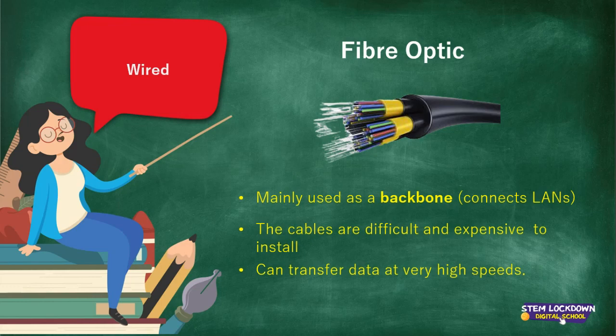This cable runs all the way from Ethiopia, Tanzania, Mozambique, right down to Durban there. It is actually laid in the Indian Ocean, in the sea. And this cable is made up of these fiber optic cables because it can handle very high speeds in data transfer in a network. All right, so hence fiber optic can actually transfer at very high speed.